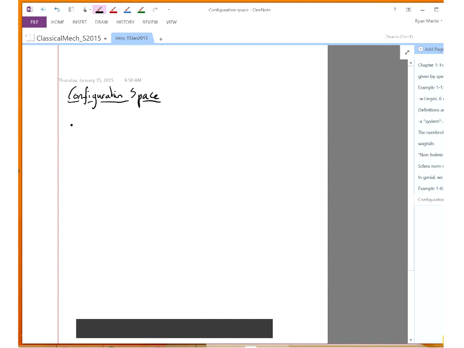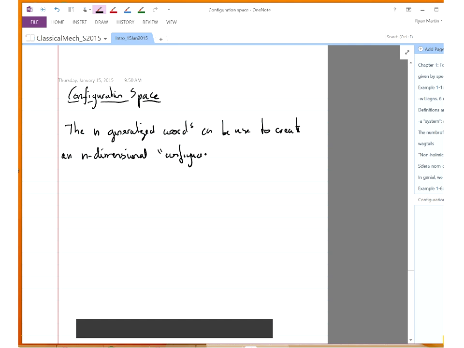The lowercase n generalized coordinates can be used to create an n-dimensional configuration space.